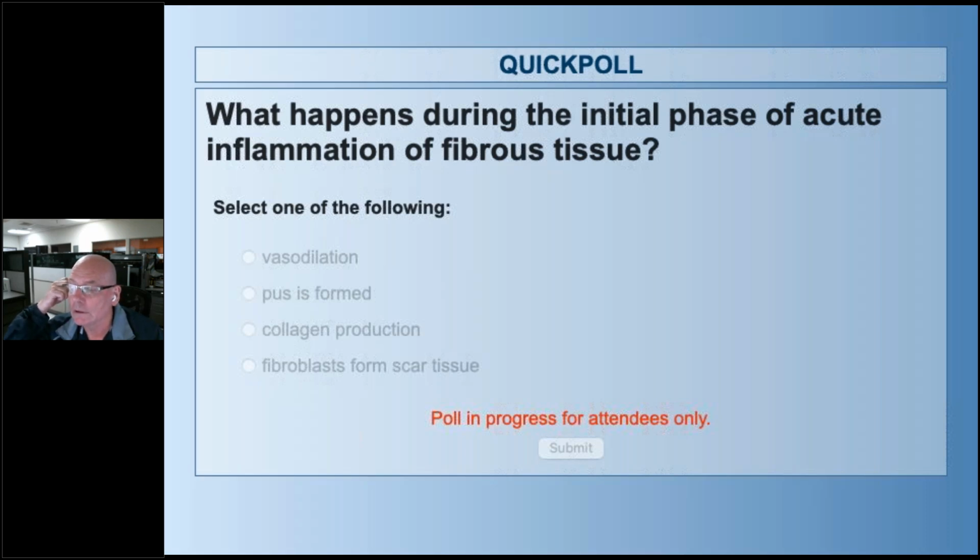Interesting. Go ahead and finish up. If you haven't already, take a guess. If you don't know, it's okay.